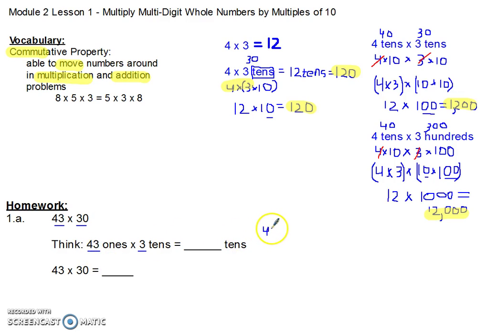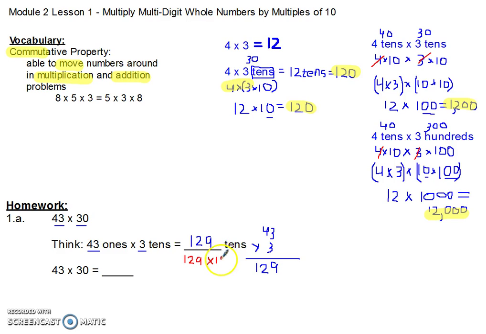So you'd have 43 times 3. So we have 3 times 3 is 9, and 4 times 3 is 12. So I end up with 129 by multiplying 43 times 3, but it's not 129, it's 129 tens, or we could rewrite it as 129 times 10.